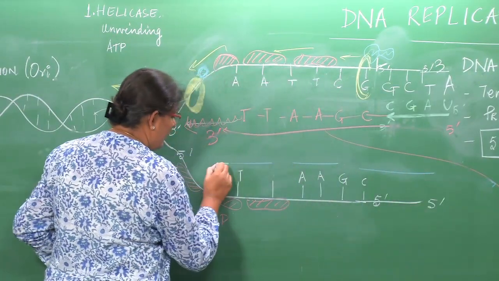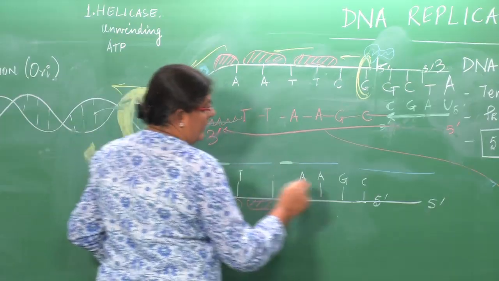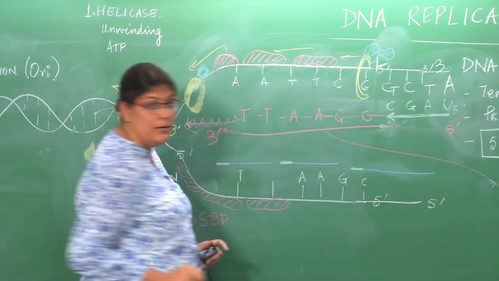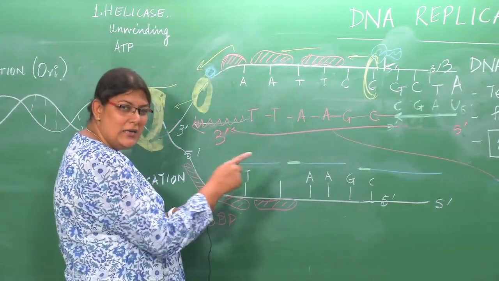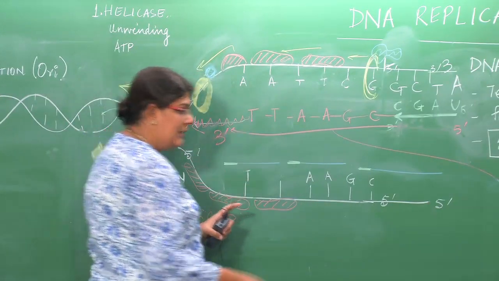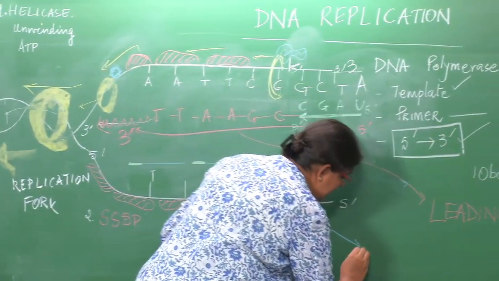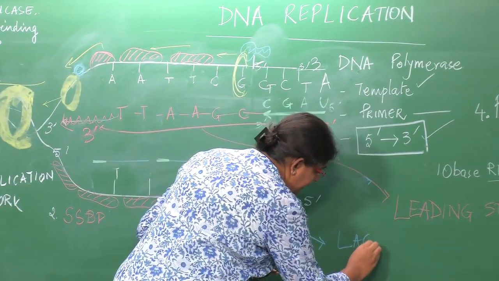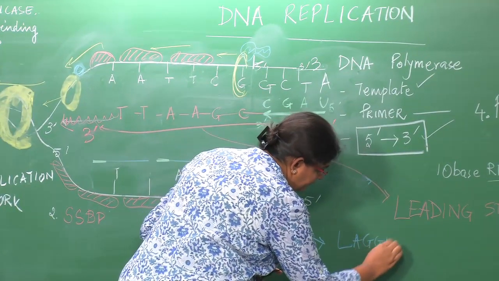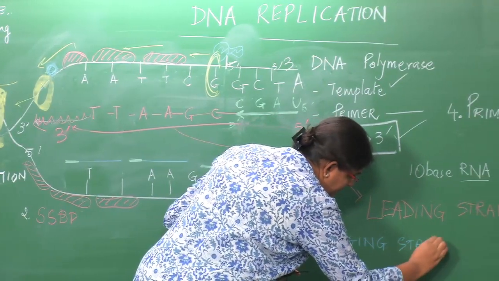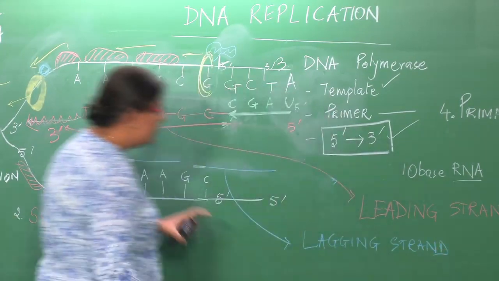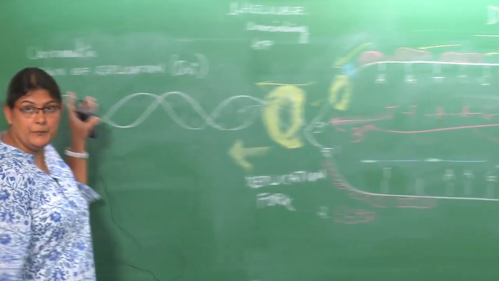Every time you have an RNA primer, and an RNA primer. So, this strand is a little slower than the first strand, and it is called the lagging strand. And this process keeps on continuing. Okay.